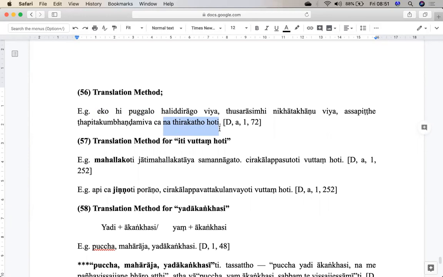So, tira means confirmed or stable. Kata means speech, but kato means one who has speech. Tira kato. That's one, certain, some person: not tira kato hoti. They don't have stable speech.